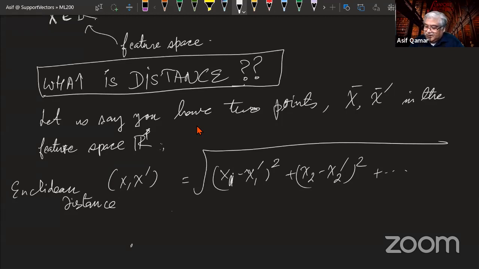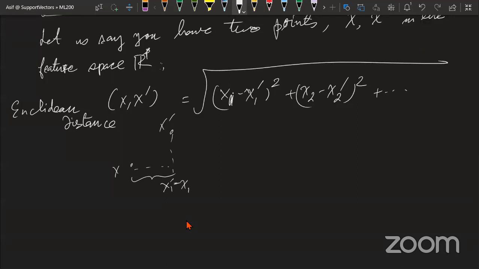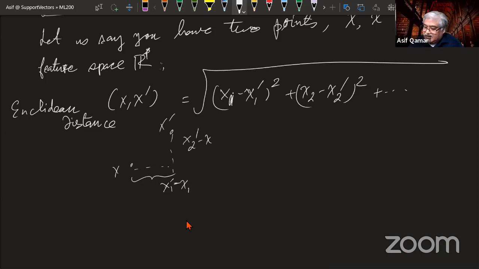So for example, if this point and this point are x and x prime, this is x1 prime minus x1, and this is x2 prime minus x2.